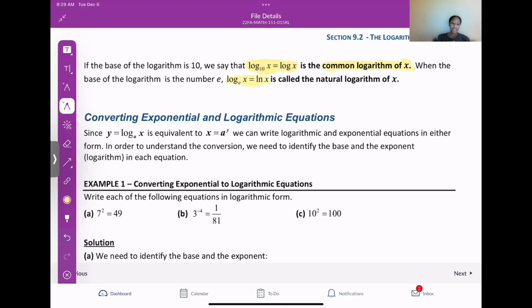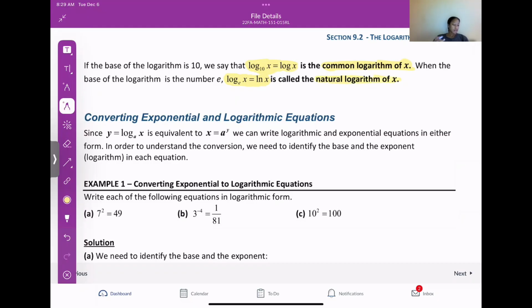We don't write log base e, we say it's ln of x. So it has its own notation, and if you look at your calculators, they have their own buttons. On a graphing calculator, it will be on the left-hand side next to the 7 and the 4. You'll see log of x, that's log base 10, and you'll see ln of x, that's log base e. Oh, and log base e is called the natural log.